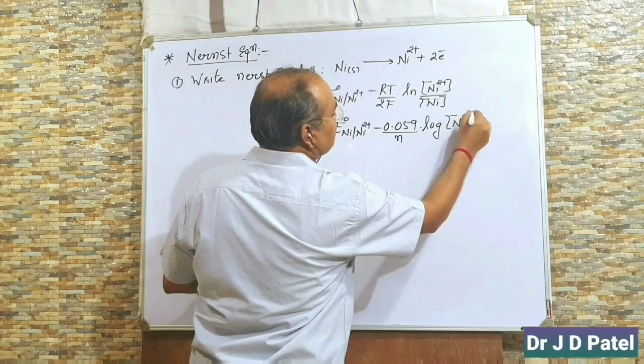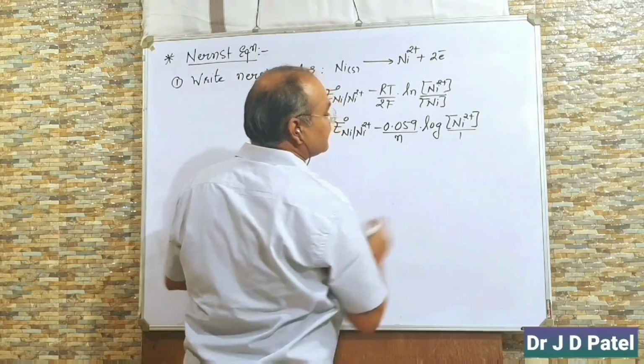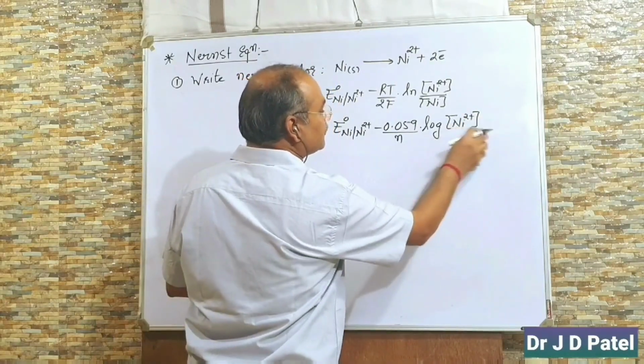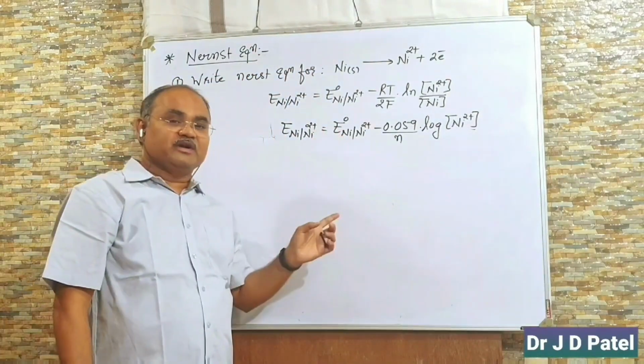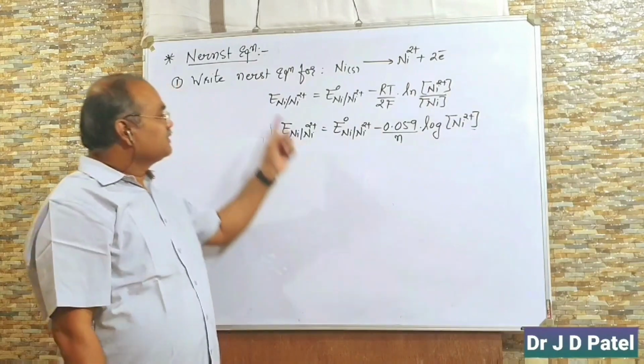No need to write 1; if you don't write it, it is also correct. So this is the Nernst equation. Till now we have written the Nernst equation for reduction. This is the Nernst equation for oxidation, loss of electrons. This is oxidation.